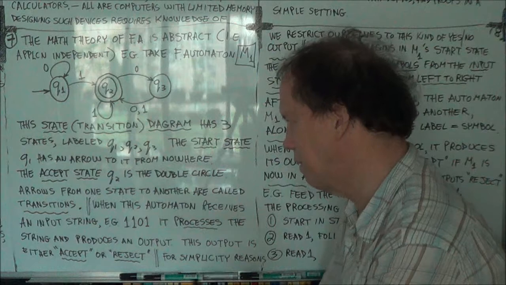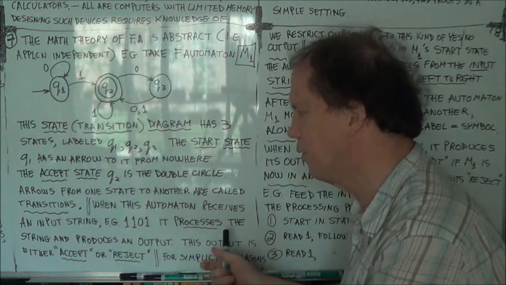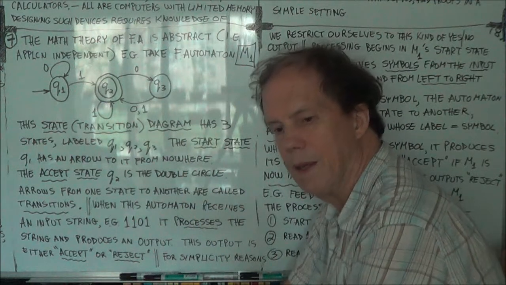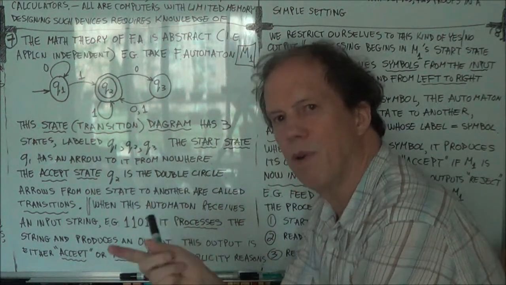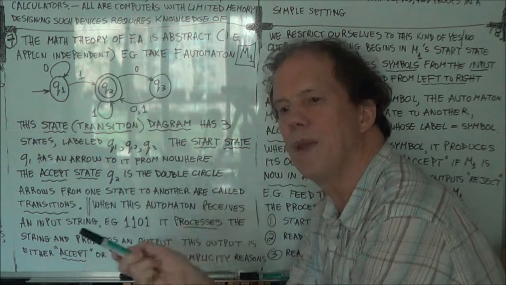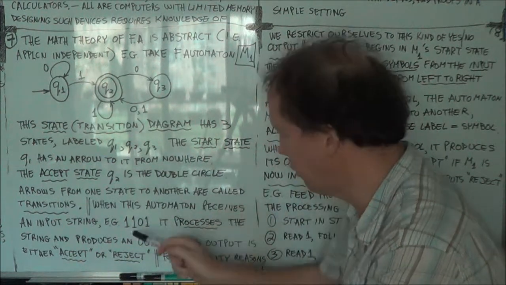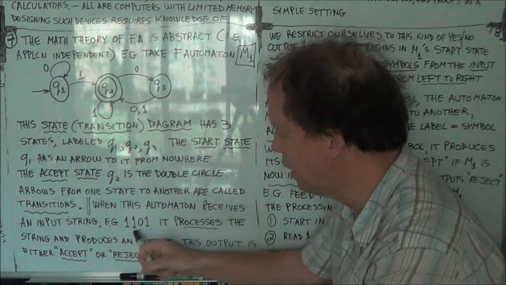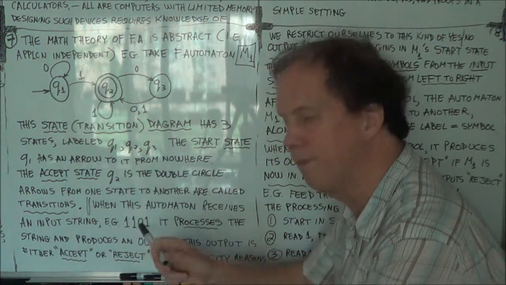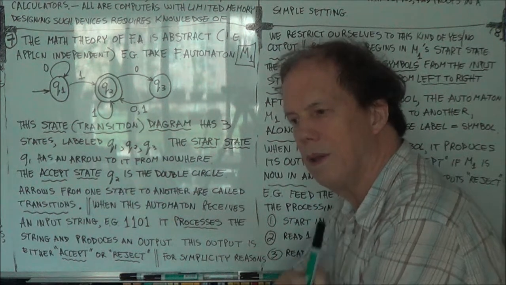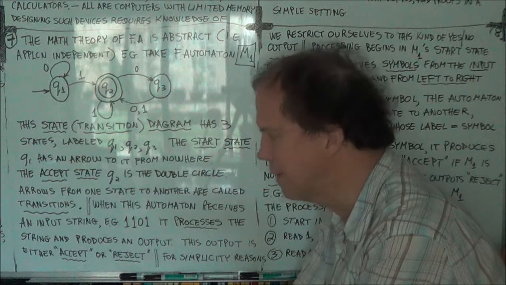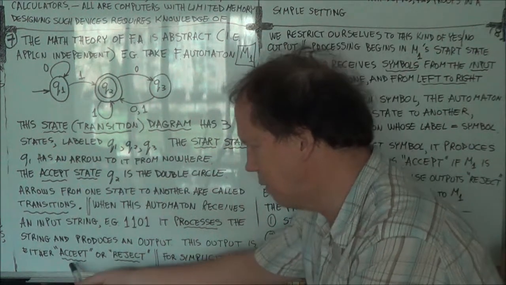And we're going to keep it simple for the moment. So let's take this simple automaton. It processes its input string, for example, 1, 1, 1, from left to right. It processes each symbol one by one, and once it's finished the processing, it outputs a decision, in a sense, of two kinds.